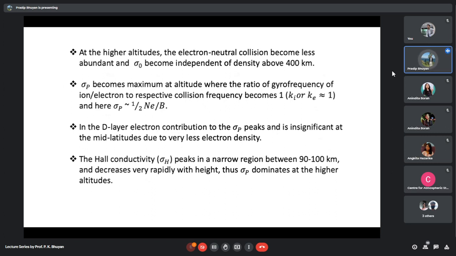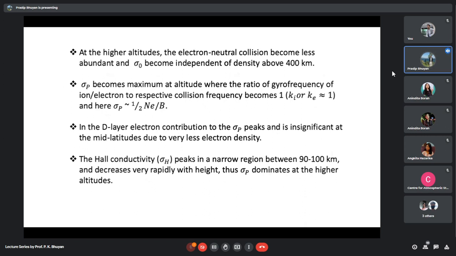D layer sigma p peaks, meaning electrons' contribution or negative charge contribution to the sigma p is in the D layer, and Hall conductivity normally peaks around 90 to 100 kilometers and decreases very rapidly with height.